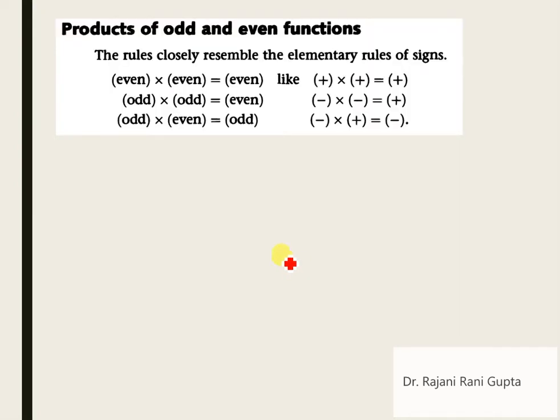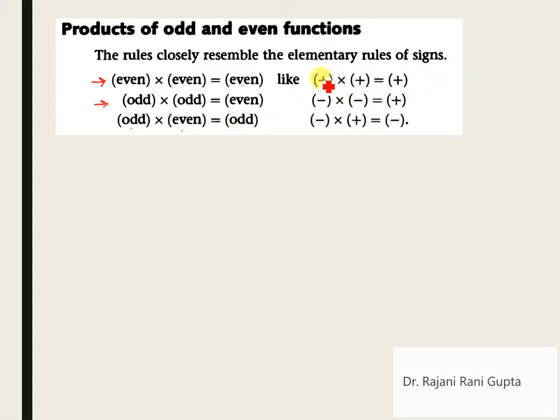Now we'll go to the properties of odd and even functions. Let's talk about the products of odd and even functions. Whenever we multiply two even functions, you will get again an even function. And when you multiply two odd functions, you will get an even function. But if you multiply an odd function and an even function, you will end up with an odd function. It is similar to how we multiply signs.